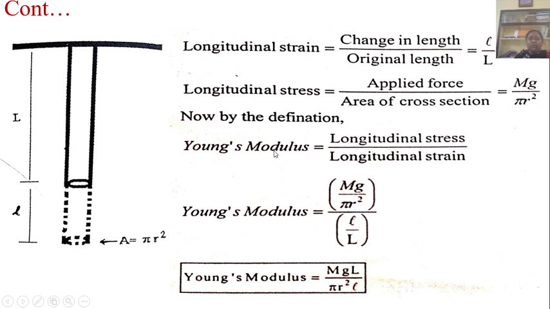So, Young's modulus equals longitudinal stress upon longitudinal strain. So, Young's modulus equals mg upon pi r square, upon l upon L. After simplification, Young's modulus equals mgL upon pi r square into l.